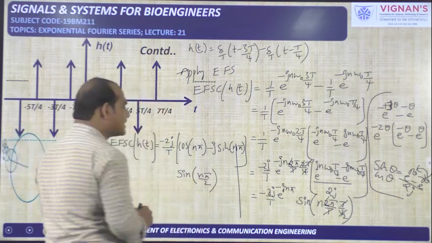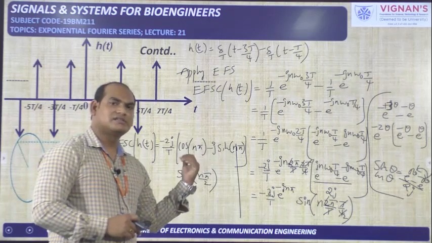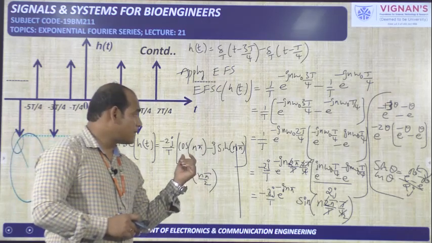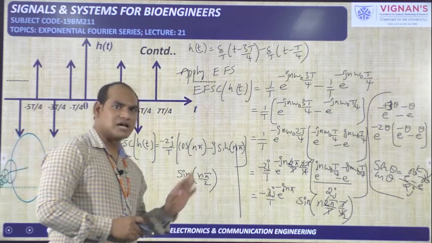Now listen carefully. We need to know what is sine 0, what is sine 90, what is sine 180, what is sine pi by 2, sine 3 pi by 2, sine 2 pi, all these things we should know with respect to cos also.